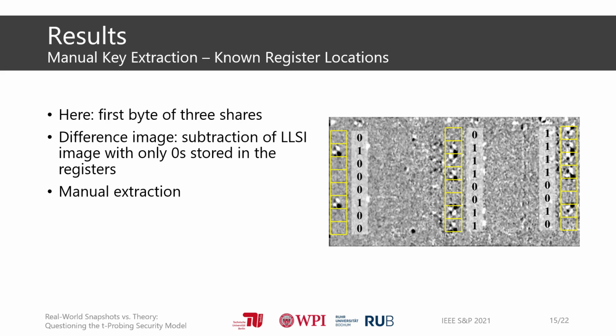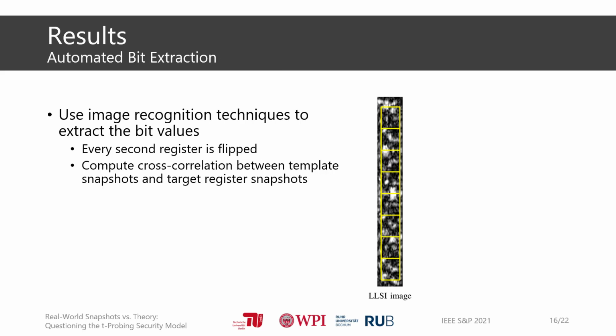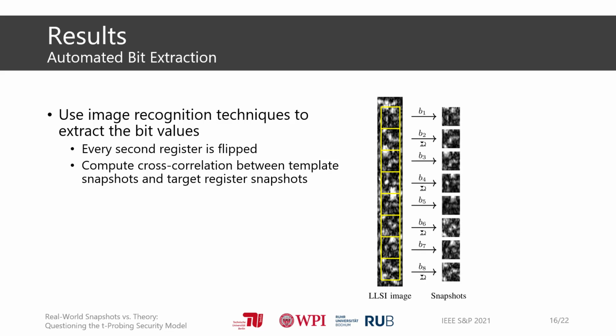And of course, the extraction can also be done in an automated fashion. For this, we used classical image recognition techniques by first cutting out each individual cell. We had to take into account that every second cell is flipped, so we had to flip it back. Then we chose 2 template images, one for bit value 1 and one for bit value 0.